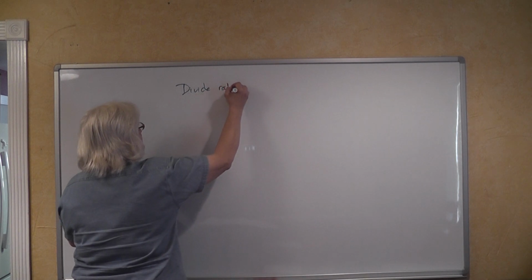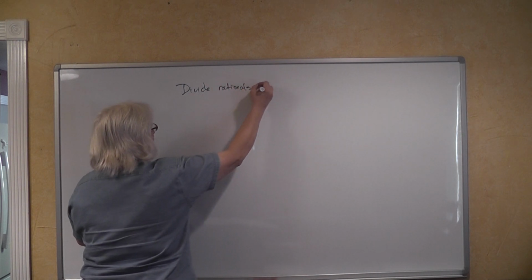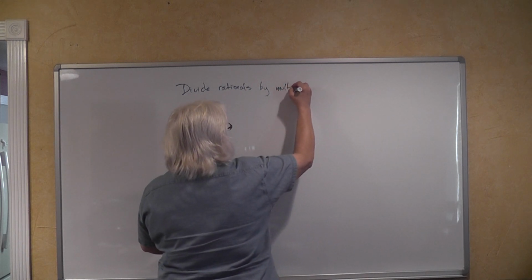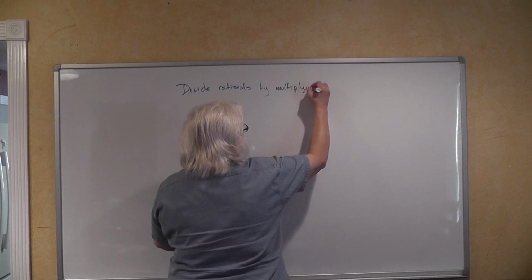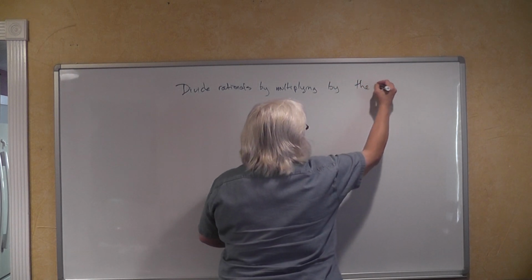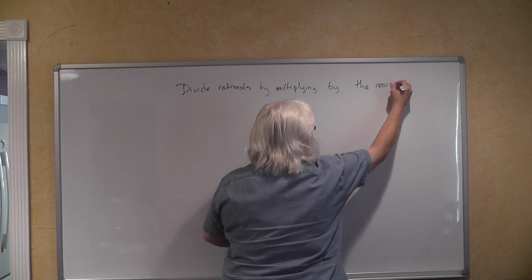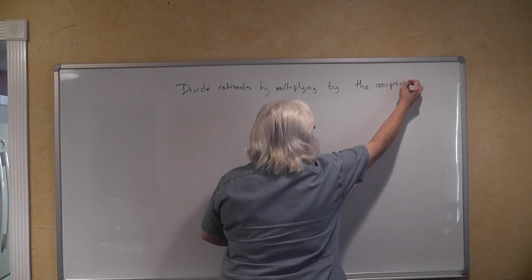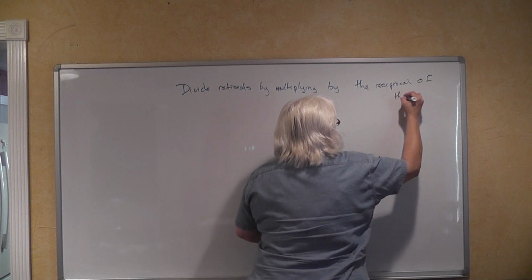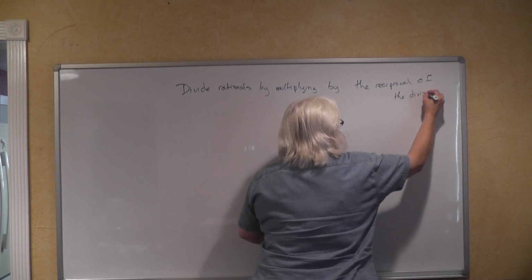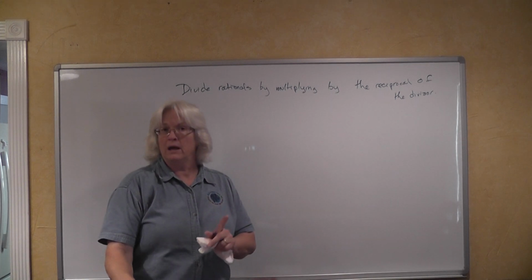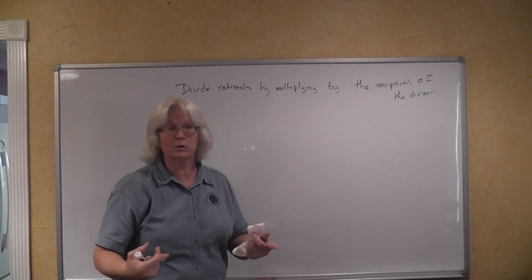Divide rationals by multiplying by the reciprocal of the divisor.